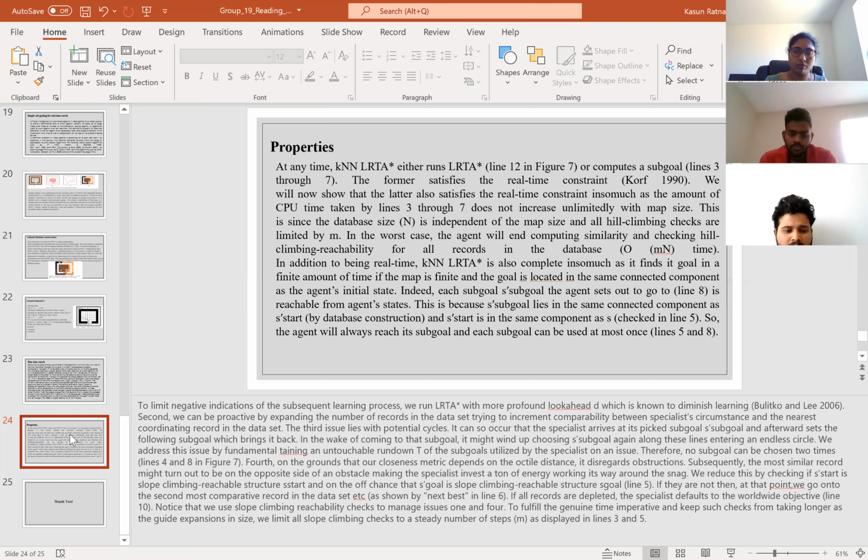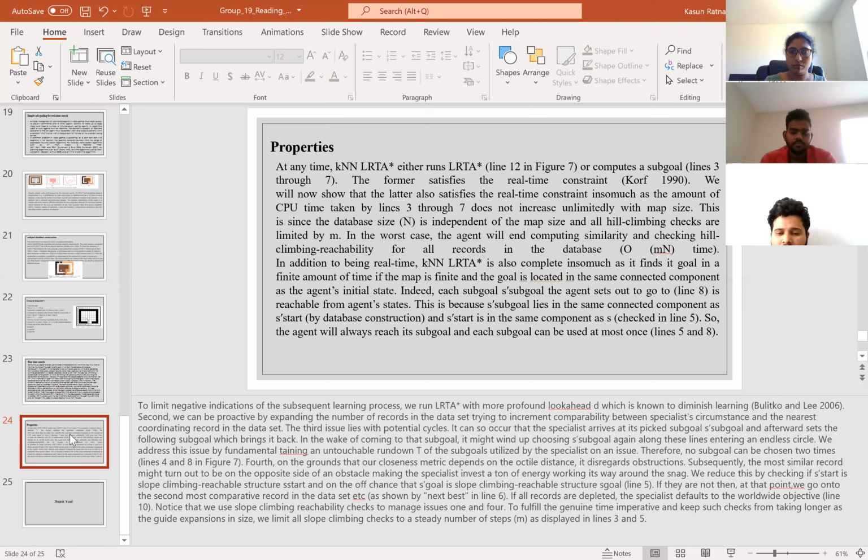And fourth, because our similarity metric depends on the octile distance, it disregards obstacles. Subsequently, the most similar record might turn out to be on the opposite side of an obstacle, making the agent spend a lot of time working its way around the obstacle. We reduce this by checking if S star start is hill climbing reachable from S start, and if S star goal is hill climbing reachable from S goal, as shown in line 5.